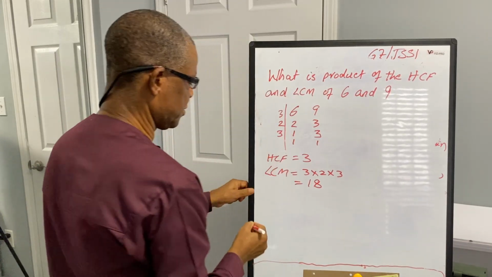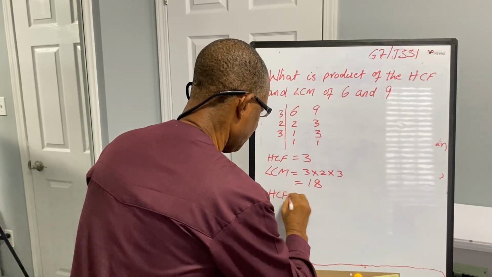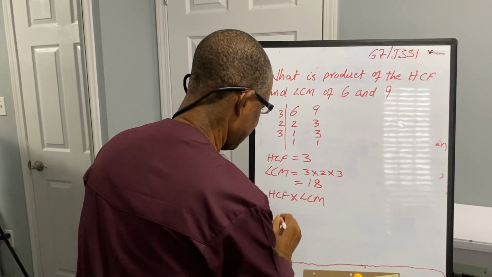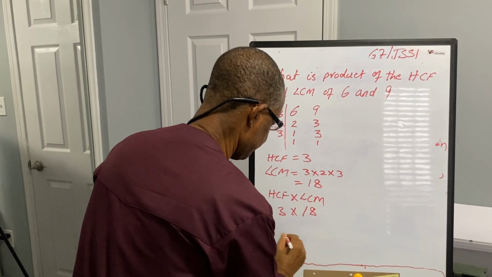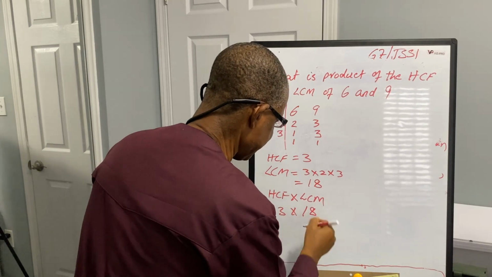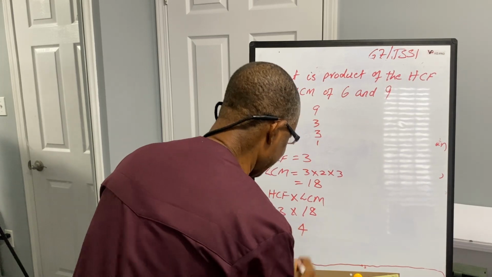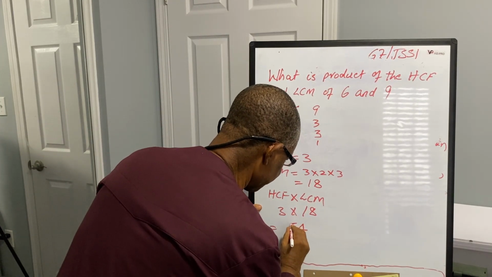So the product of the HCF times LCM will be 3 times 18. 3 times 8 will give us 24. We write 4 and carry 2. 3 times 1 is 3, 3 plus 2 is 5.